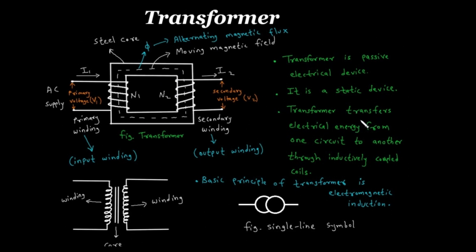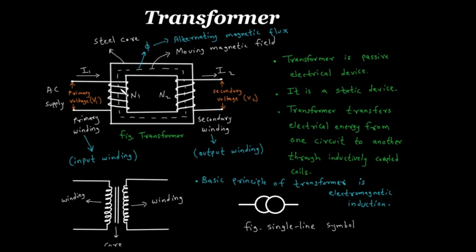Transformer transfers electrical energy from one circuit to another through inductively coupled coils. Now here we can see on this left side, this primary winding is the one circuit and this secondary winding side is the second circuit. So they are inductively coupled.